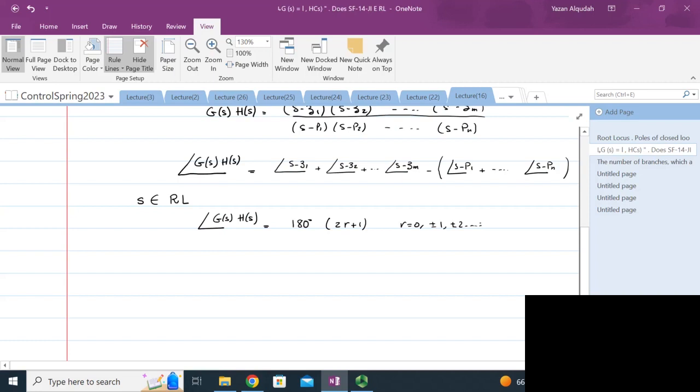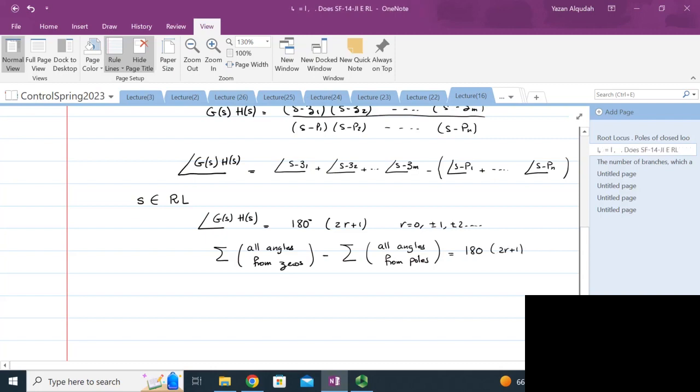And therefore, what does that mean? Using these two formulas that we have here, I can write this as: s will belong to the root locus if the summation of all angles from zeros minus the summation of all angles from poles is equal to 180 degrees or any odd multiple of 180 degrees.